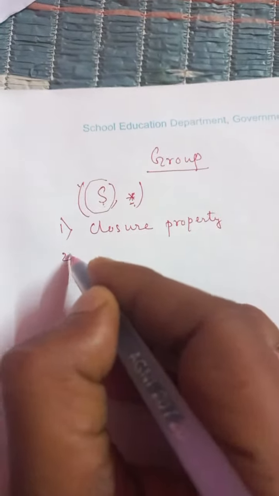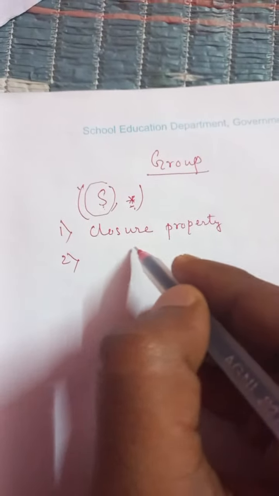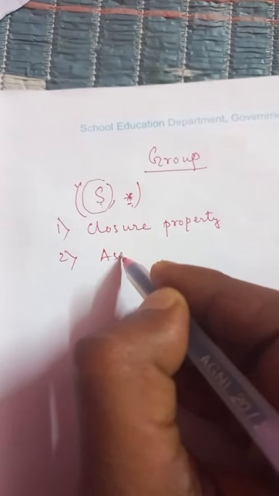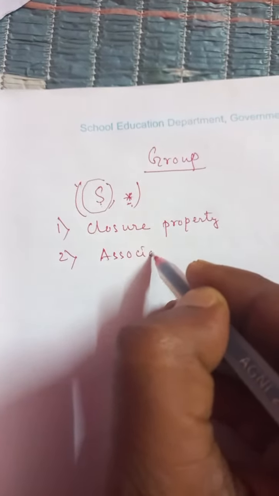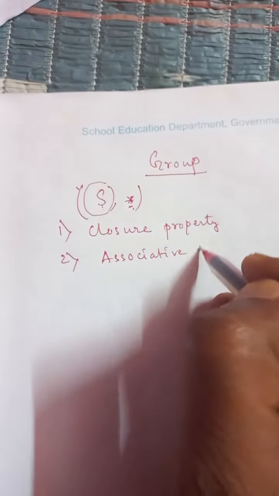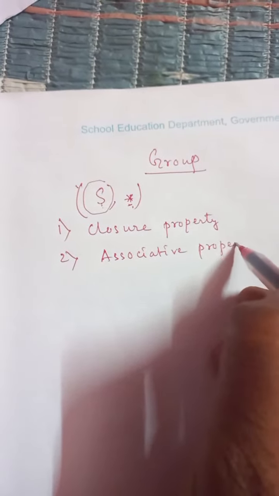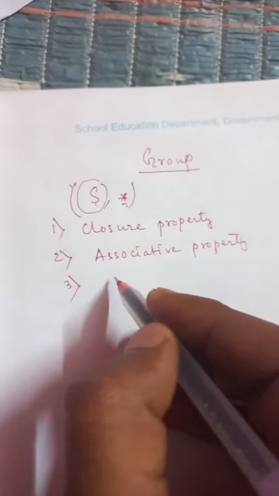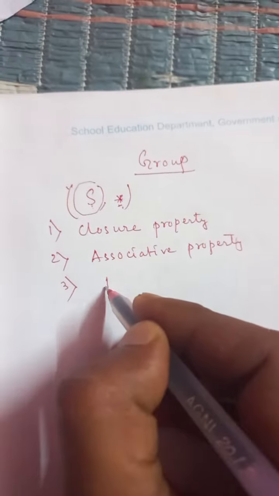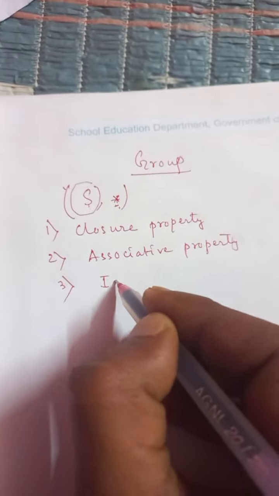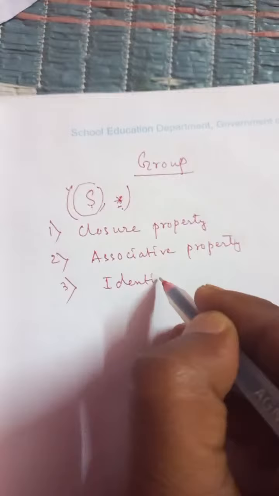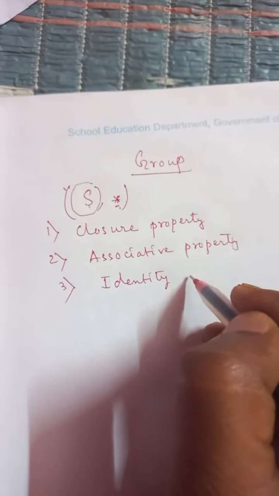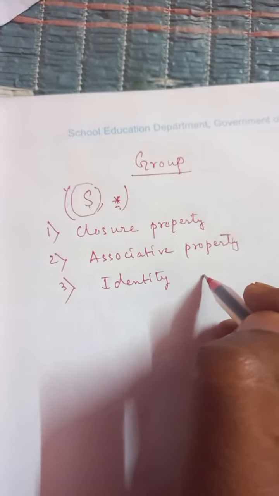Second is the associative property. Third is the identity element property.